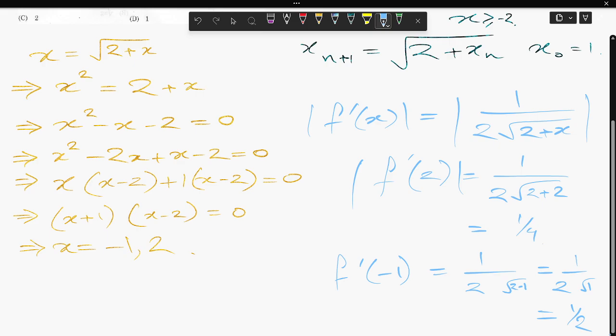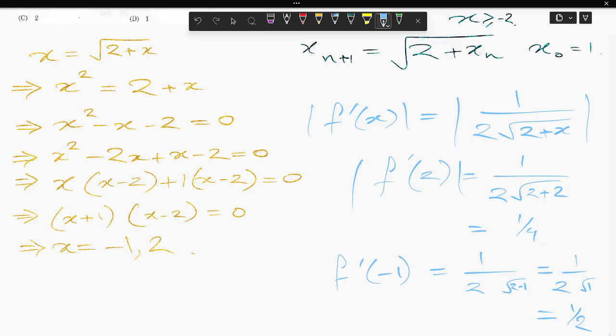So this is also an attractive fixed point. So now we are going to find the possible limits. Since both x equals 2 and x equals minus 1 are attracting fixed points, the sequence x_n may converge to either of these values depending on the initial condition.